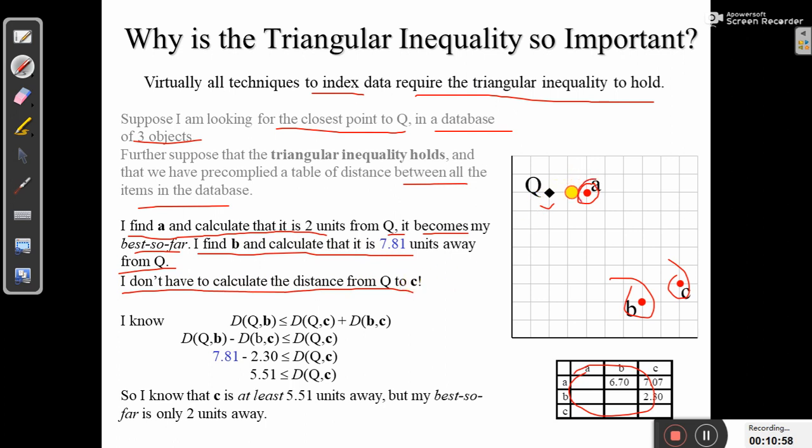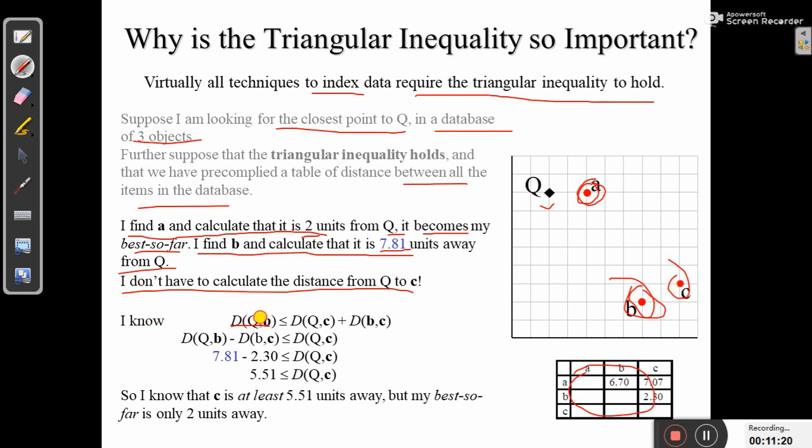We have said that A is nearer to Q than B, because the distance to B is 7.81 and to A is 2. That is why we can say that A is nearer, and we need not check C. Why don't we need to check C?